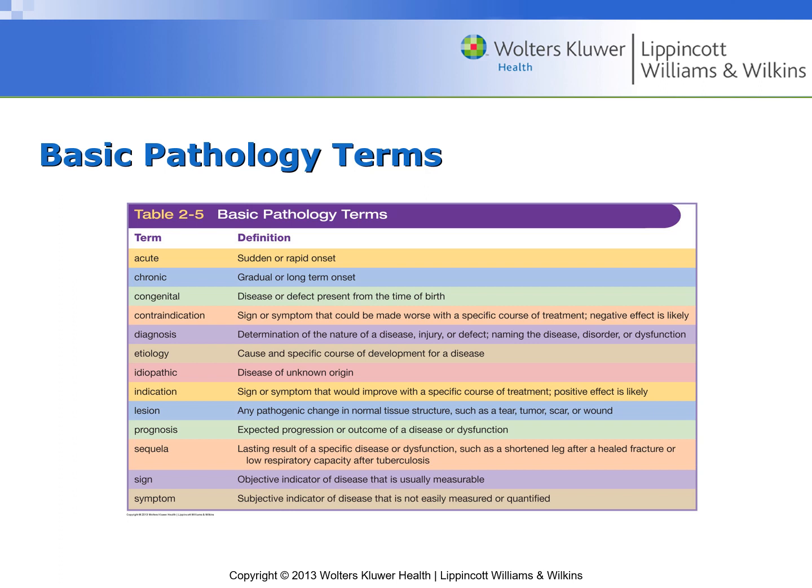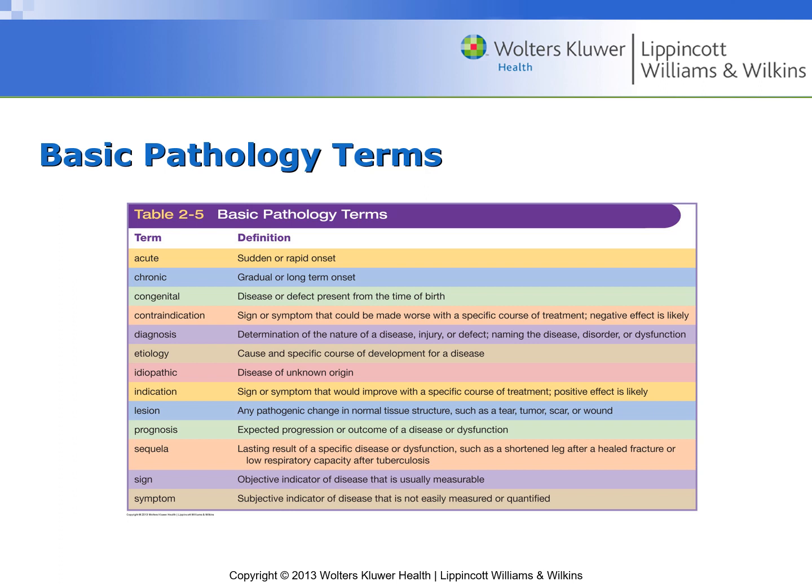Contraindication is a sign or a symptom that could be made worse with a specific course of treatment, and it will most likely have a negative effect. Diagnosis is a determination of the nature of a disease, injury, or defect, naming of the disease, disorder, or dysfunction.